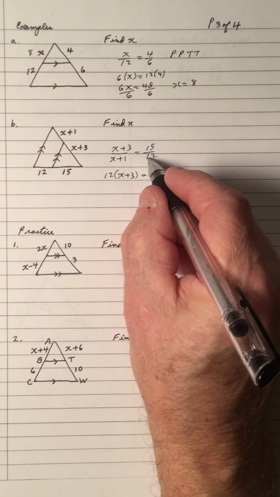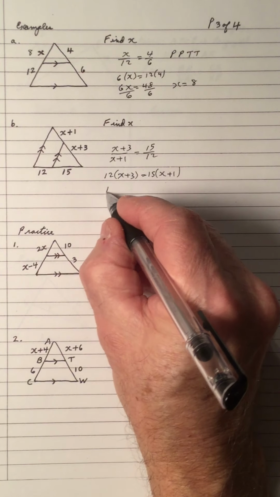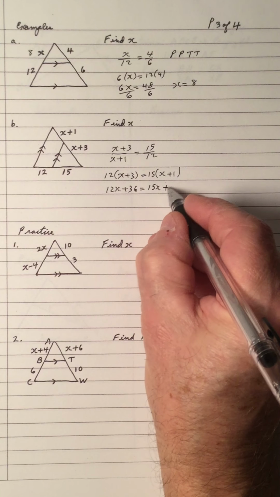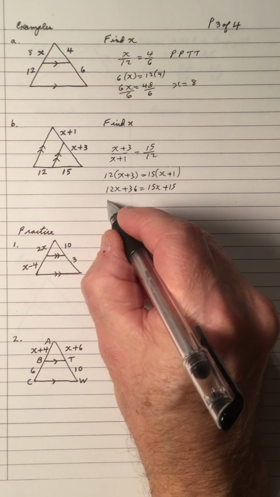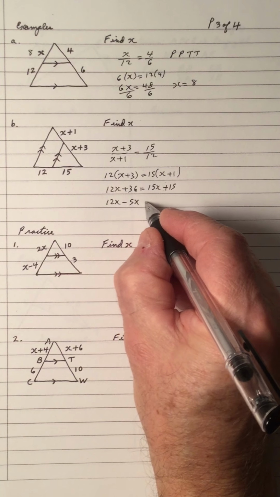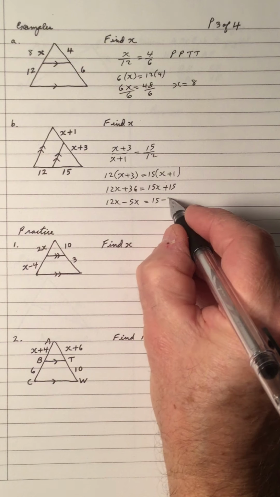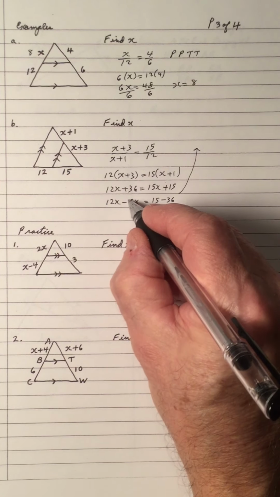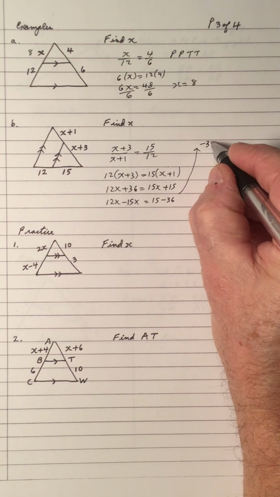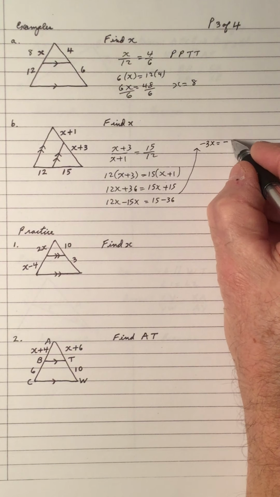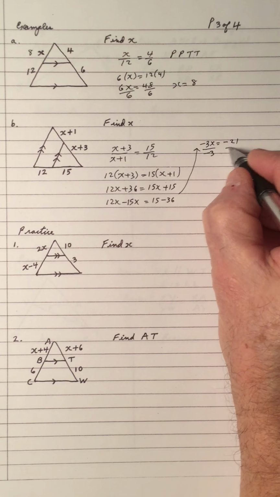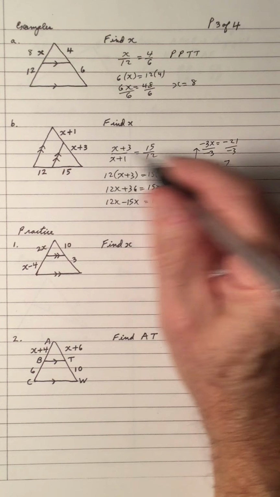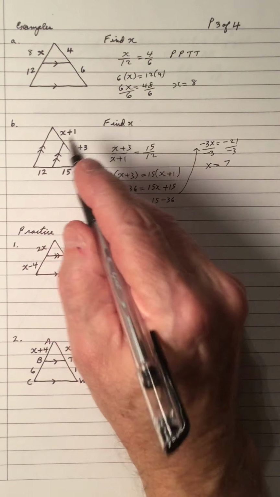So 12x plus 36 equals 15x plus 15. And 12x minus 15x equals 15 minus 36. So that gives me negative 3x equals negative 21, divided by negative 3, and x equals 7. So 7 is the number that makes the proportions true.